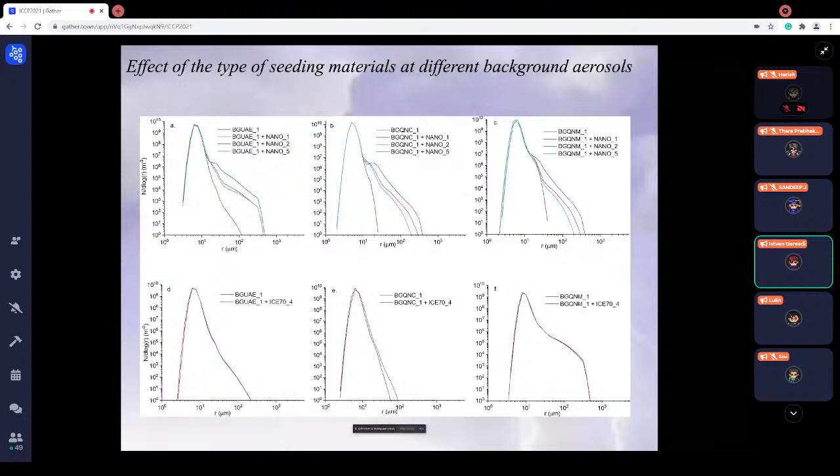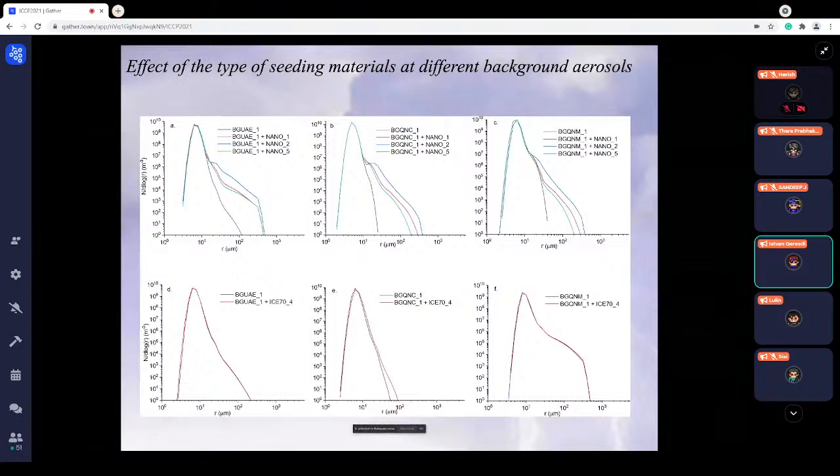The second row shows the impact of the seeding when the seeding material contains mostly small particles, fine particles with an average size of 0.1 micron. Here you can see that the nanoparticles result in a relatively broader size distribution, and the impact of the seeding material, if you use fine particles to seed, is almost negligible.